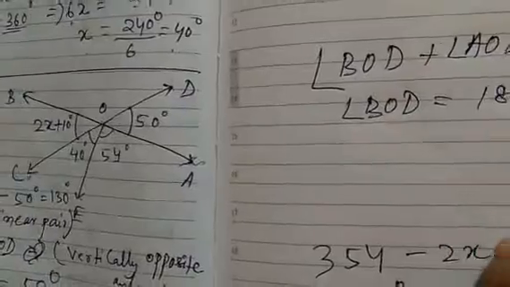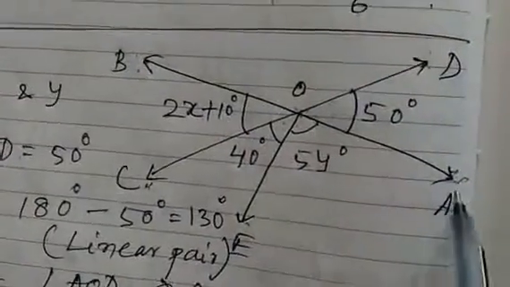Therefore, angle BOD is equal to 180 minus 50 degree, because angle AOD is 50 degree. This is equal to 130 degree. That means angle COA is also 130 degree.